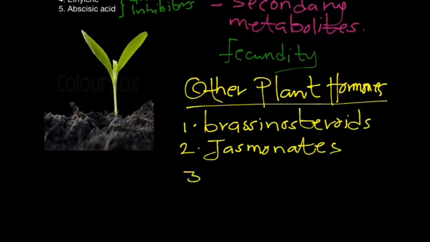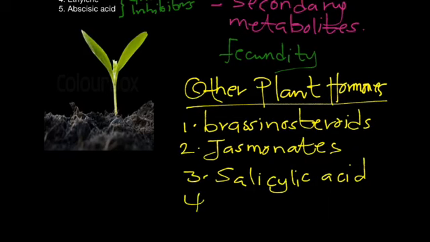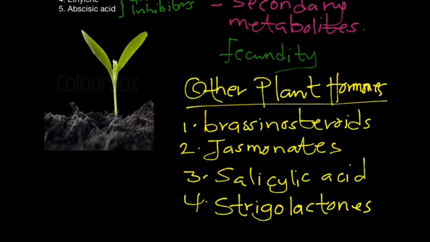And then we have salicylic acid. Yeah, of course, salicylic acid. And we also have strigolactones. So basically these are the other four main plant hormones that have been discovered.